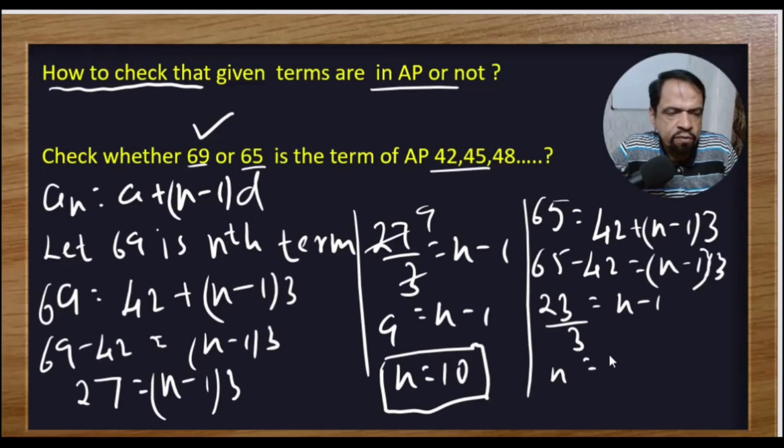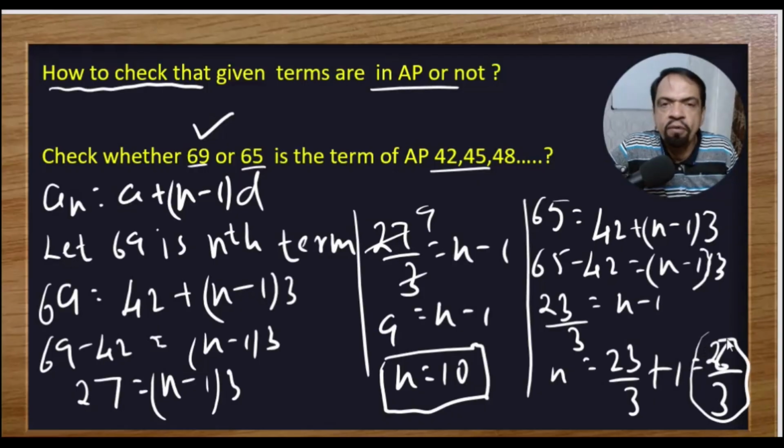So n is equal to 23 upon 3 plus 1, which comes to 26 upon 3. See, n is a fraction. n means number of terms, and that should be a natural number. So this is a fraction, so 65 is not a part of this given AP. So this is a way to check whether a given number is a part of this AP or not.